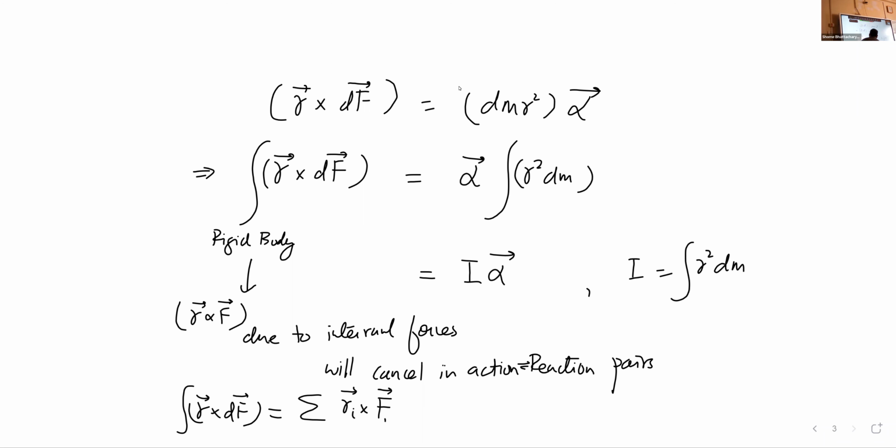Because particles are connected to each other, where the interactive forces are acting, they're at the interface where they're connected. So the r's are the same. So this is the net torque due to only the external forces.